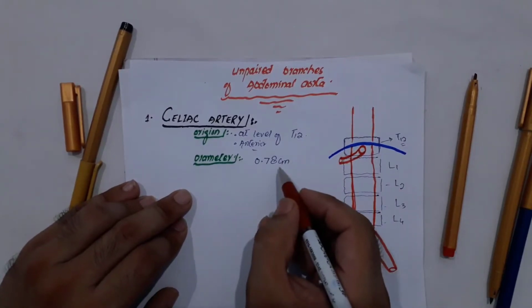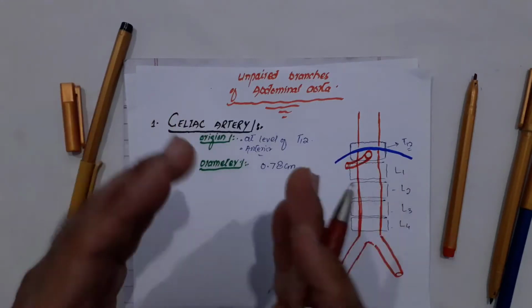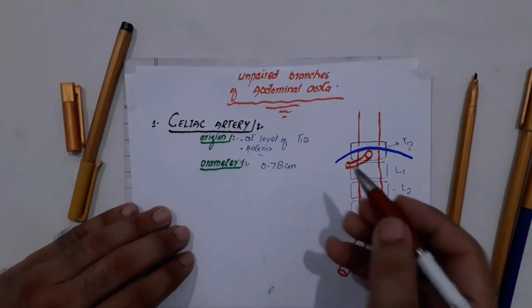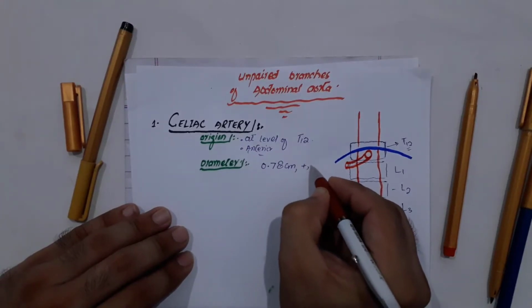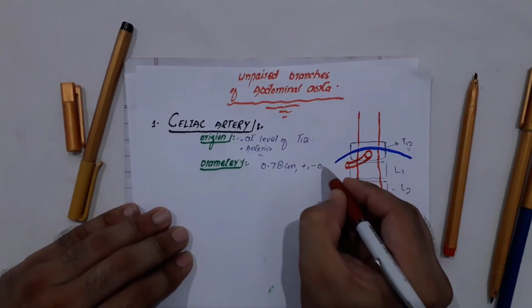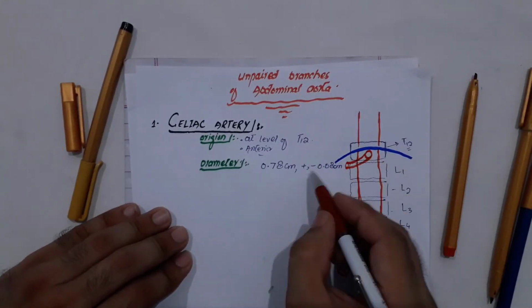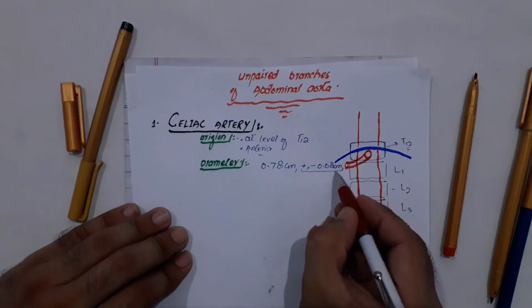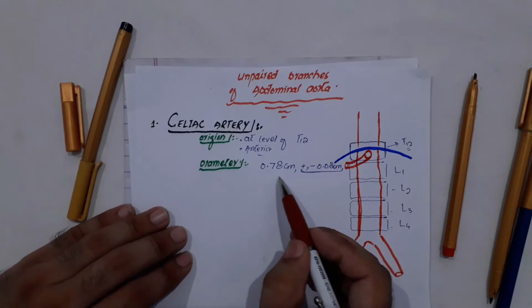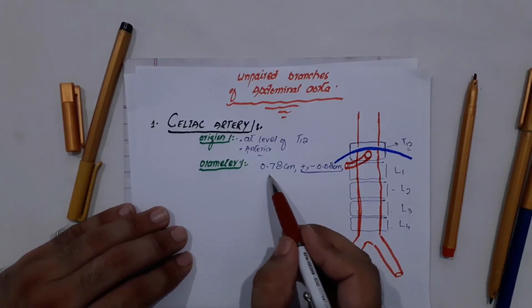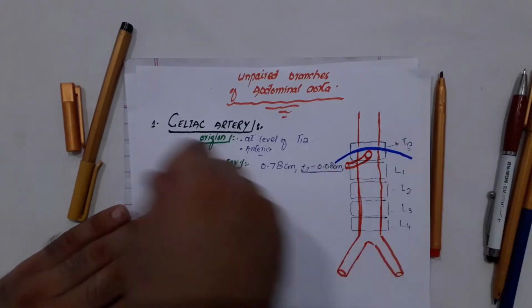Sometimes it can be a little larger, or sometimes a little smaller, so we write here plus minus 0.08 centimeter. This can be the exceptional case for some, but the mean diameter that this artery has is 0.78 centimeter.